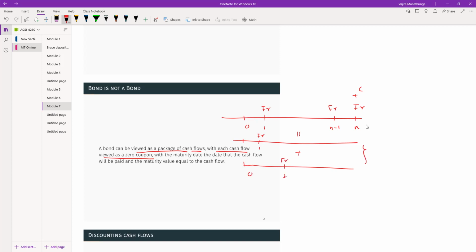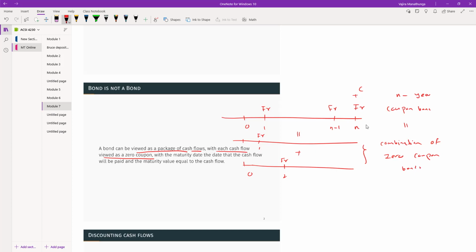This would be a combination of zero coupon bonds that is equal to the n-year coupon bond. So that's the first thing we want to understand: any bond can be viewed as a combination of zero coupon bonds.